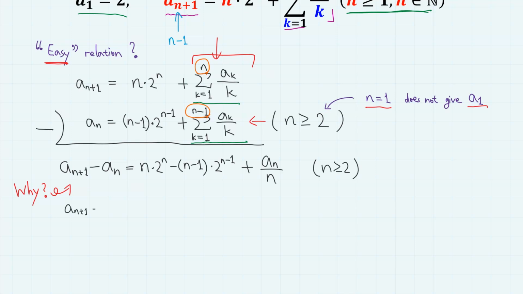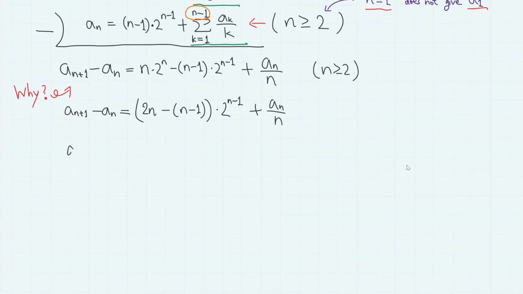So a(n+1) minus an is equal to 2 to the power of n minus 1 as a common factor. Then we have 2n here minus n minus 1 here, plus an over n. So a(n+1) minus an equals (n plus 1) times 2 to the power of n minus 1 plus an over n.